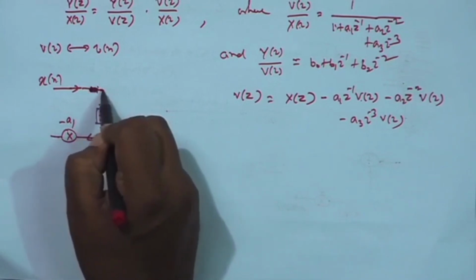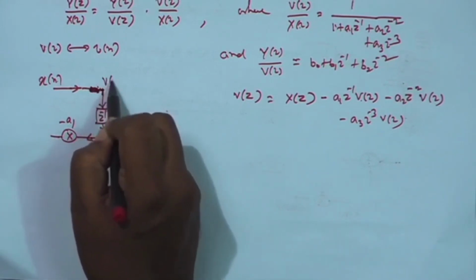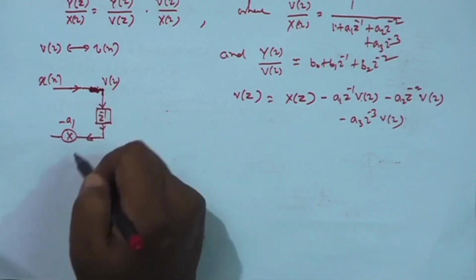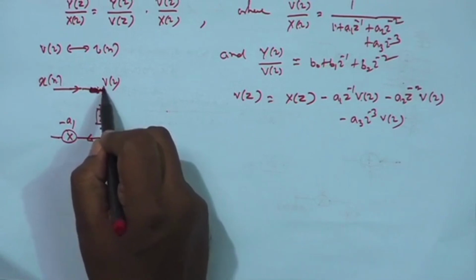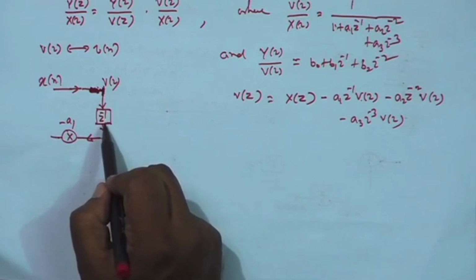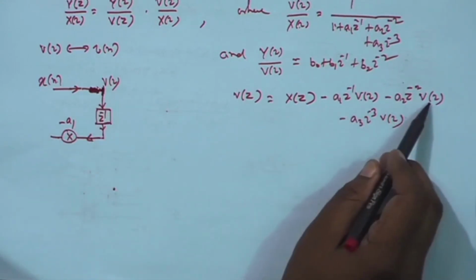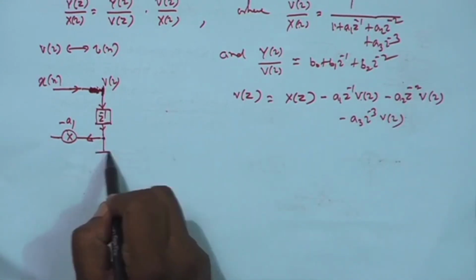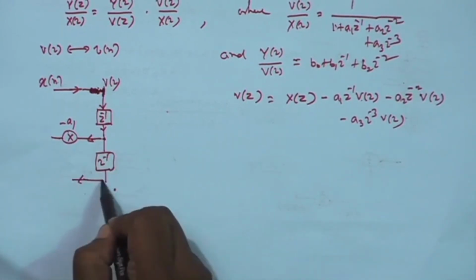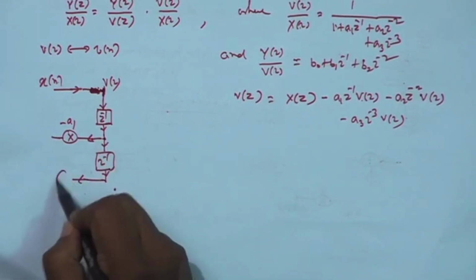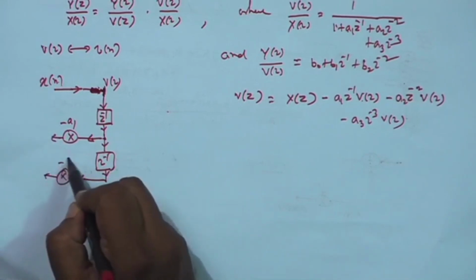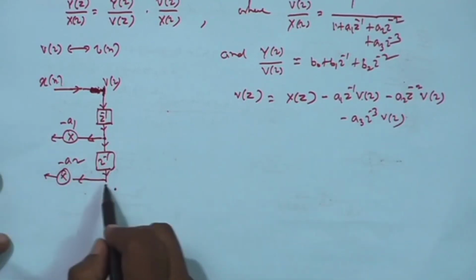Suppose somewhere or other I have V(z) here. Okay. Somewhere or other I have got V(z) here. Start from here, V(z). So, V(z) Z inverse into minus A1, that is this. Then V(z) Z inverse 2 means one more Z inverse, into minus A2.